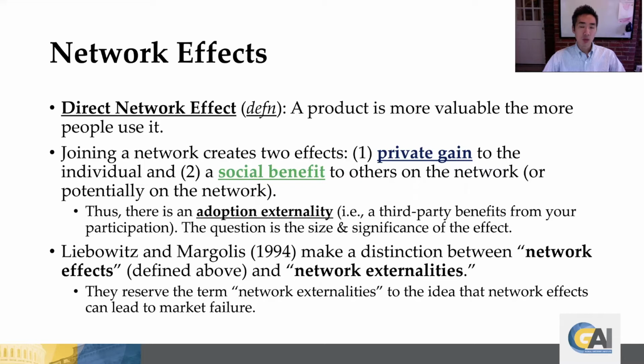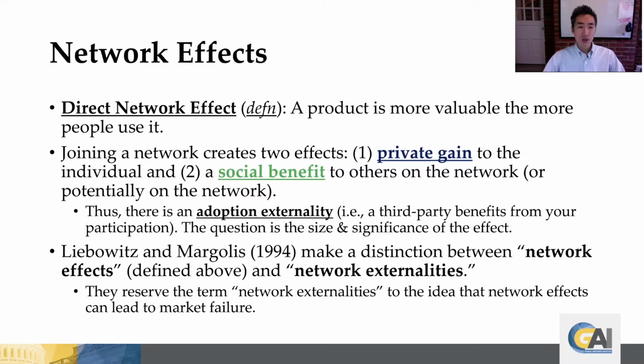You have a personal benefit from joining a social network, let's say, in that it unlocks some features that you want. Maybe there's a news feed that you particularly like how that social network does it. You might like that other people are on it. And then there's a social benefit, which we just mentioned, in that you joining can create a positive spillover effect to others who are already on the network or are contemplating joining the network that you might not internalize.